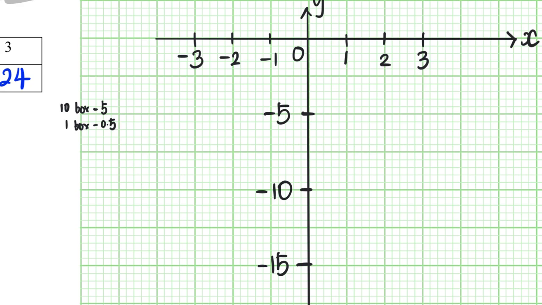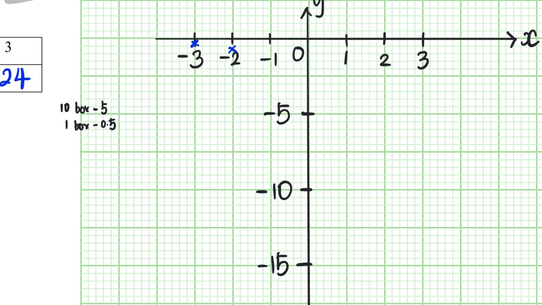And with this, -0.375 will be somewhere here. When x is -2, y is -0.75. So 0.75 will be in the middle here.